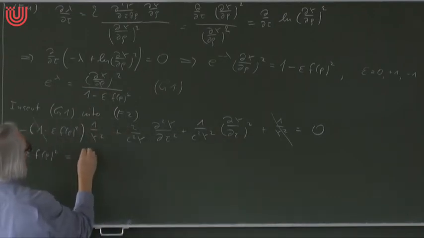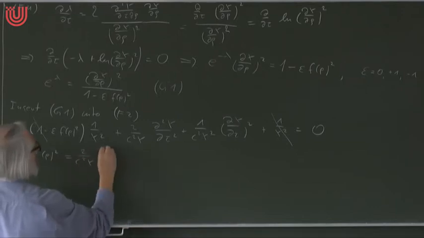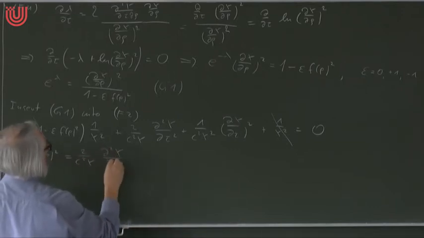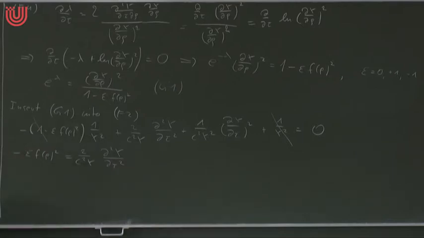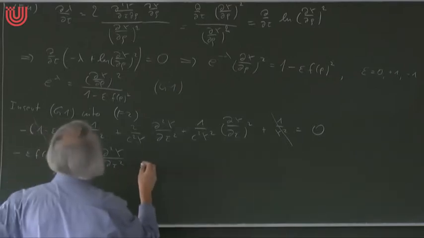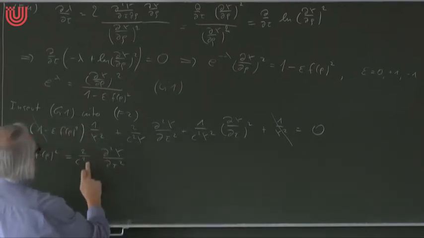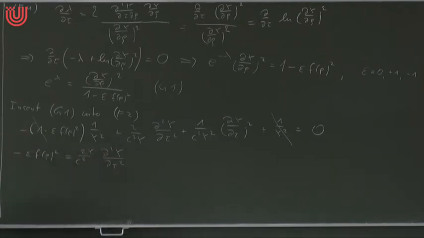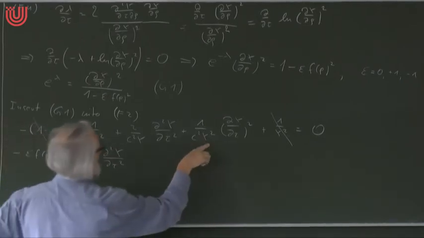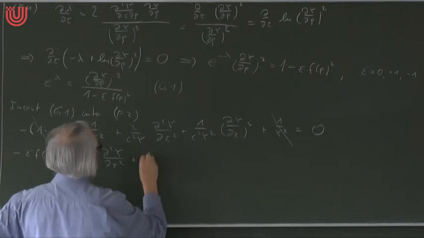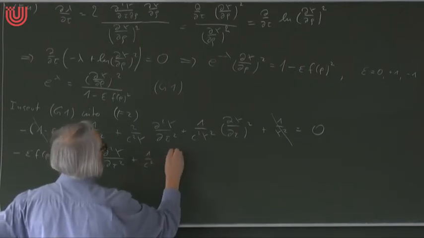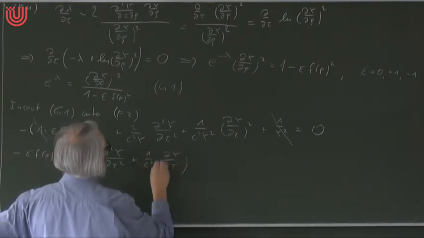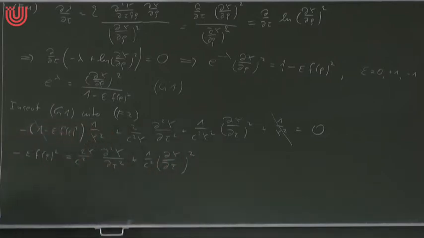So I have 2 over c squared y, second derivative with respect to tau. Oh, I multiplied with y squared, sorry. So the y is in the numerator now. And this y squared cancels, 1 over c squared dy by d tau squared.